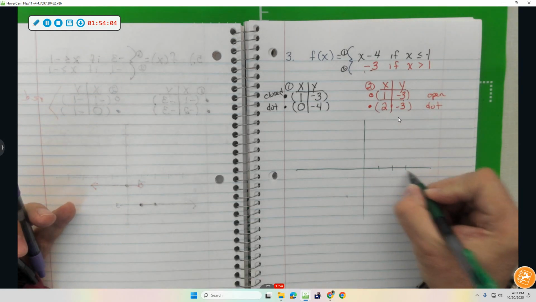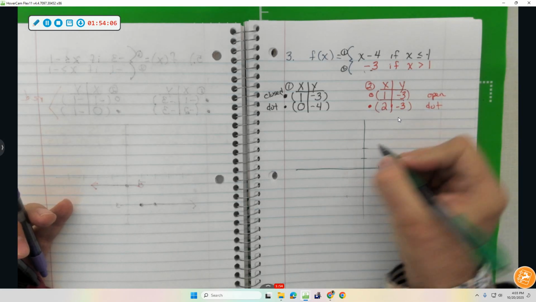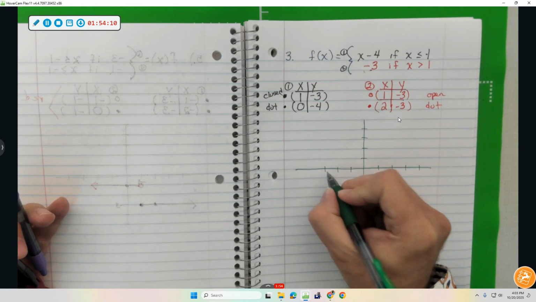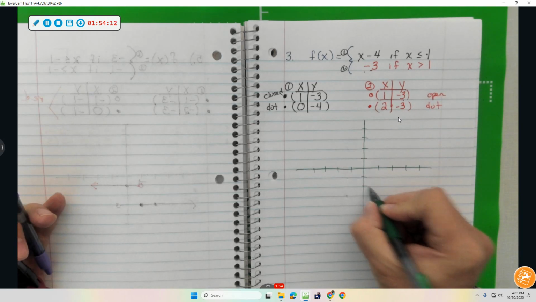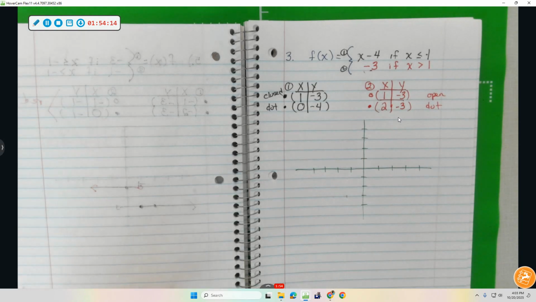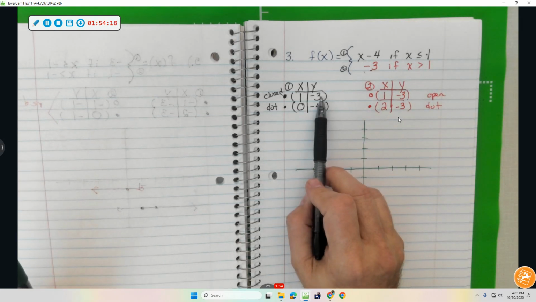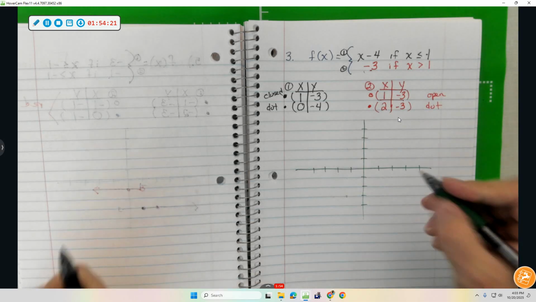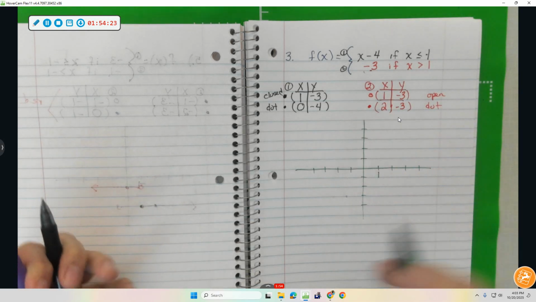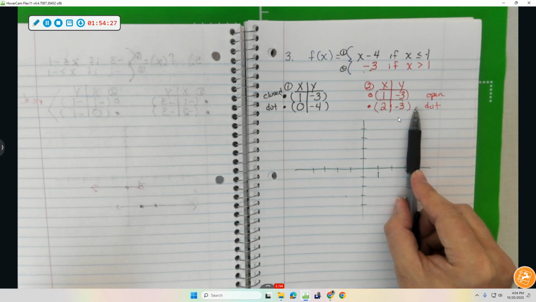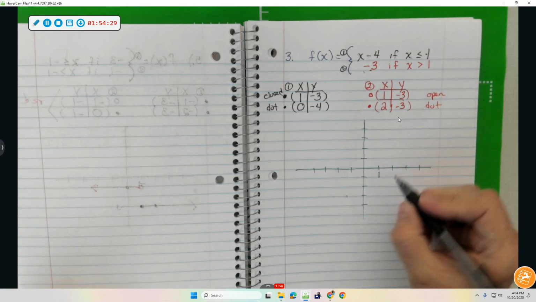1, 2, 3, 4. Oh, this one's going to be interesting. There's a neat thing that happens here. Okay, so right 1, down 3. Let me go ahead and label 1. That's where we're changing from the black rule to the red rule. Right 1, down 3.